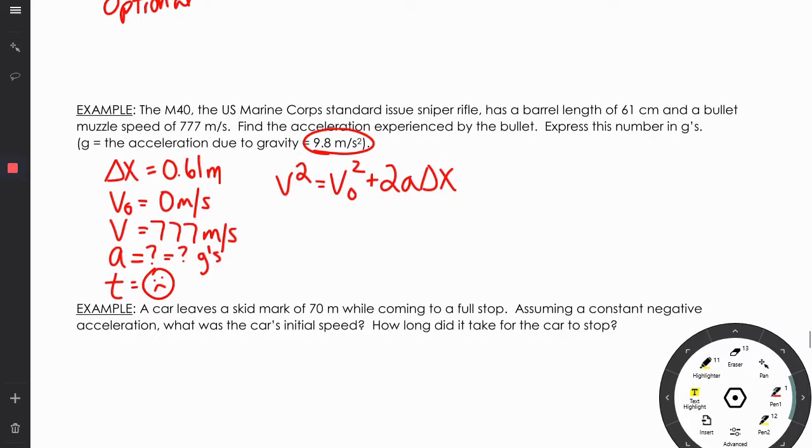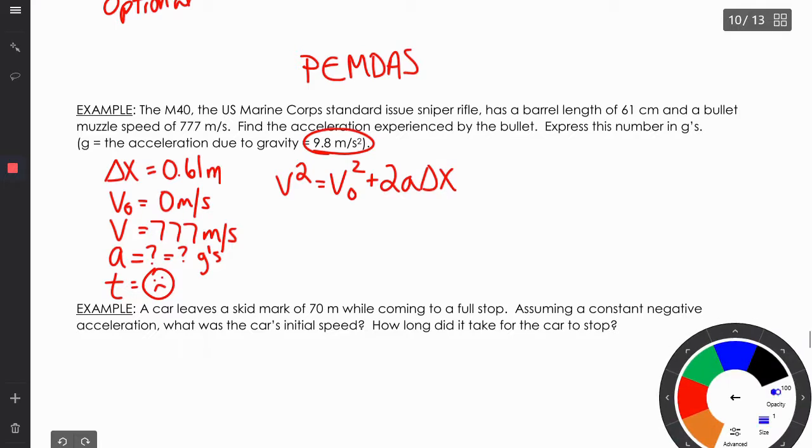But your first step is to actually get rid of the VO squared. If you remember from math class, you got PEMDAS, right? When you evaluate, you go PEMDAS, but when you solve, you go the other way. So you have to tackle the addition and subtraction first, then you tackle everything else.